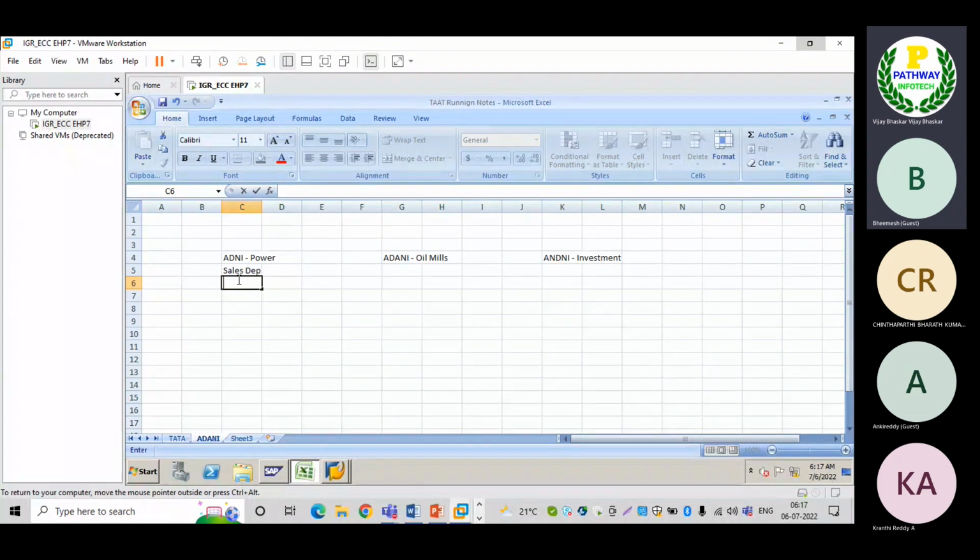Apart from the sales department, they have the HR department, the human resource department handling salaries, and perhaps some other departments. Now oil mills has a purchase department, a sales department, and a different HR department.